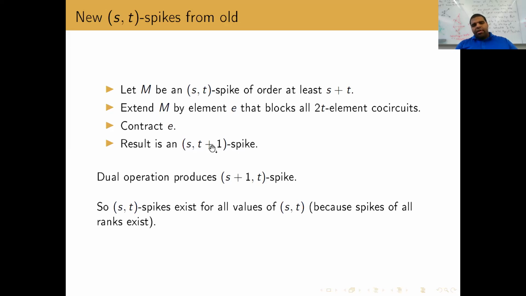Just repeatedly do this. And then I can do the dual operation to take my 2-8 spike and transform that to a 5-8 spike. So ST spikes are going to exist for all values of S and T. The spikes of all ranks do exist.